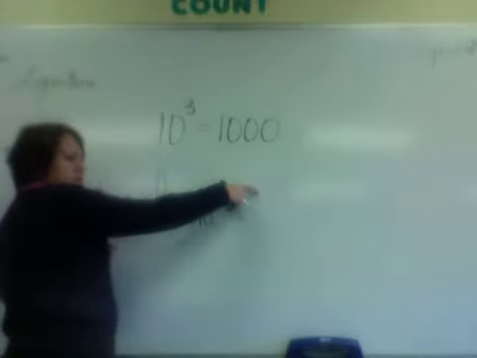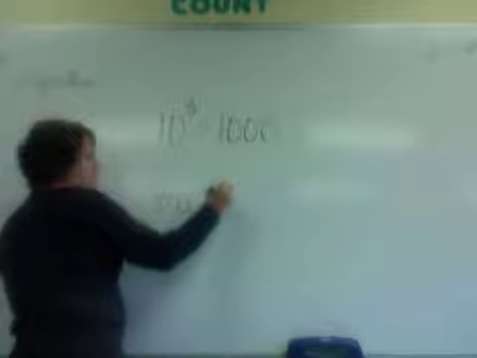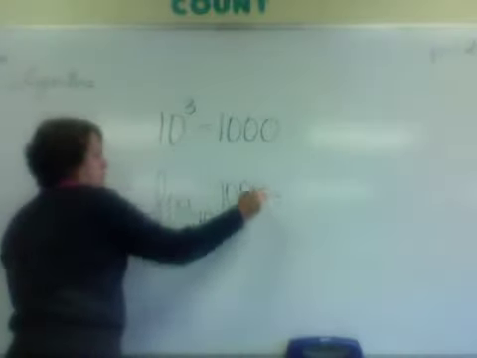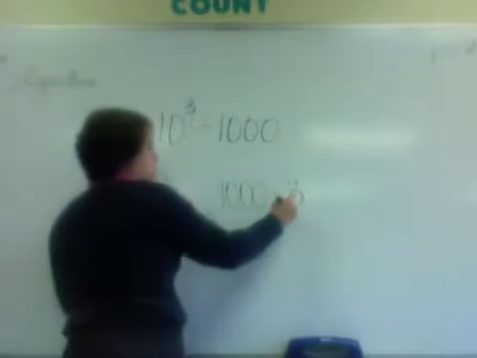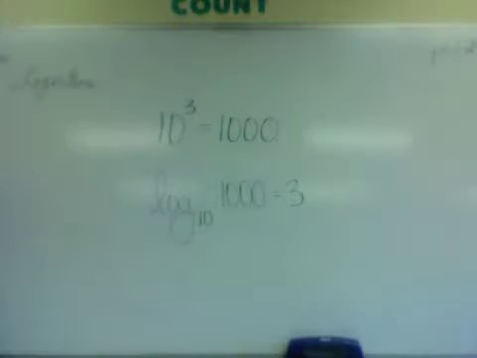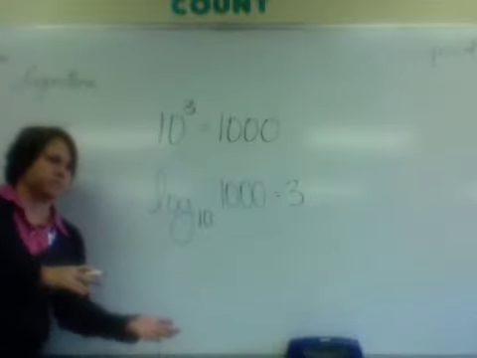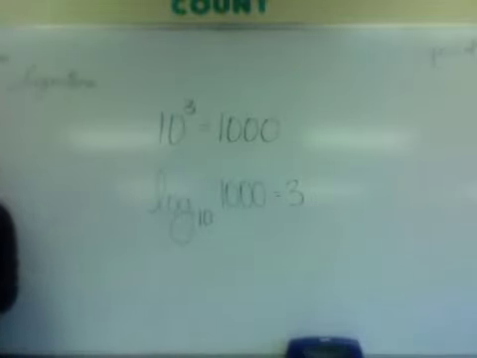My solution goes here, and my exponent goes here. Did I change the value that I'm talking about? No, I'm just changing the way I look at it, or the way I state it.